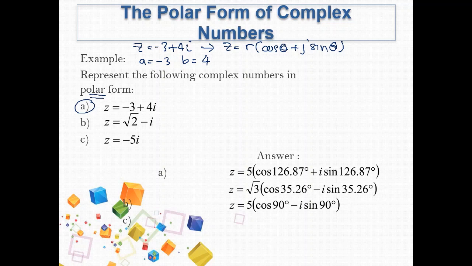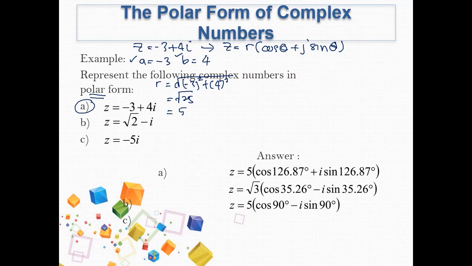We can get r by substituting a and b into the formula r equal to square root of negative 3 squared plus 4 squared. So 9 plus 16, it is square root of 25. That gives you r equal to 5.